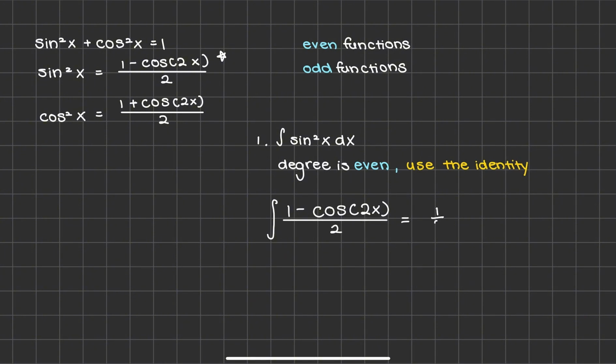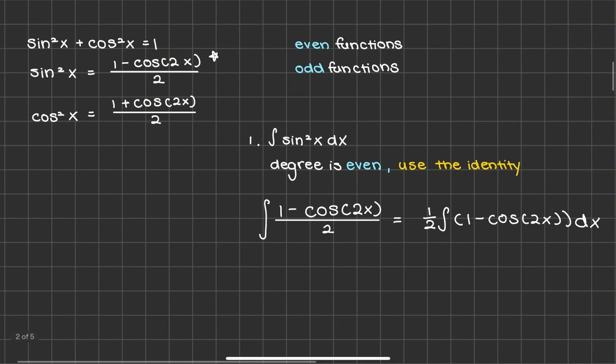We can even simplify that to be 1/2 the integral of 1 minus cosine 2x dx just by moving the 1/2 out of the equation. So it was moved out, as you can see, with the 1/2 being outside.